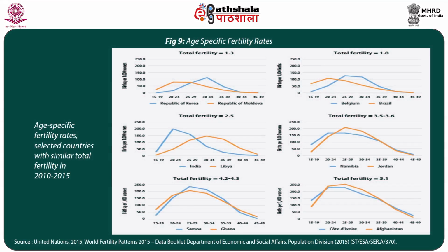Figure 9 gives the age specific fertility rates. Age specific fertility rate is more useful measure of fertility in addition to the total fertility, because age specific fertility rate gives us the trend and pattern of fertility over different age points.